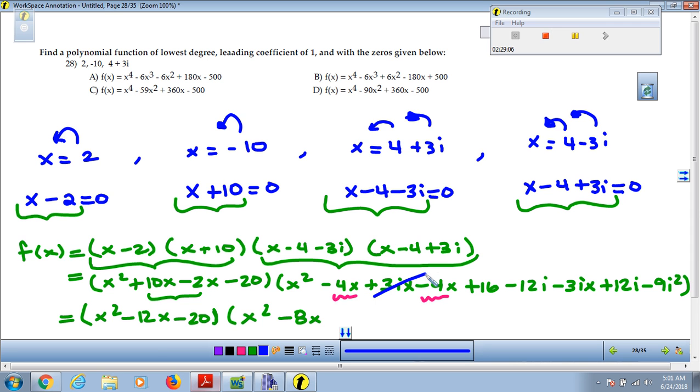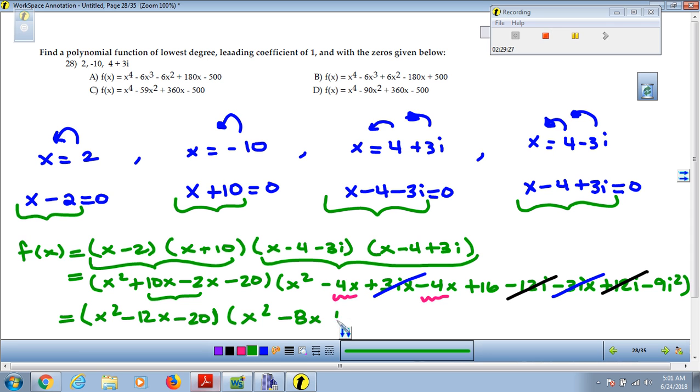Then +3xi cancels with the -3xi. Also, -12i plus 12i cancel. All of those terms with ix or with the i by itself need to cancel. If they don't, we didn't multiply the conjugates correctly.